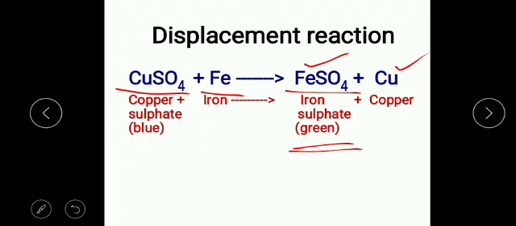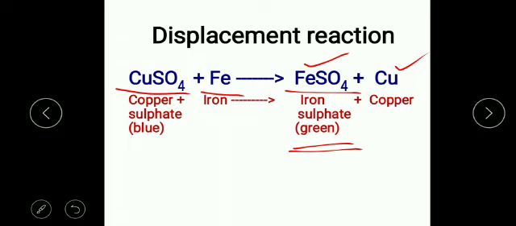So we can say that when iron nails are dipped in copper sulfate solution, which is blue in color, then after some time as the reaction proceeds, a light green colored compound, iron sulfate, is formed.